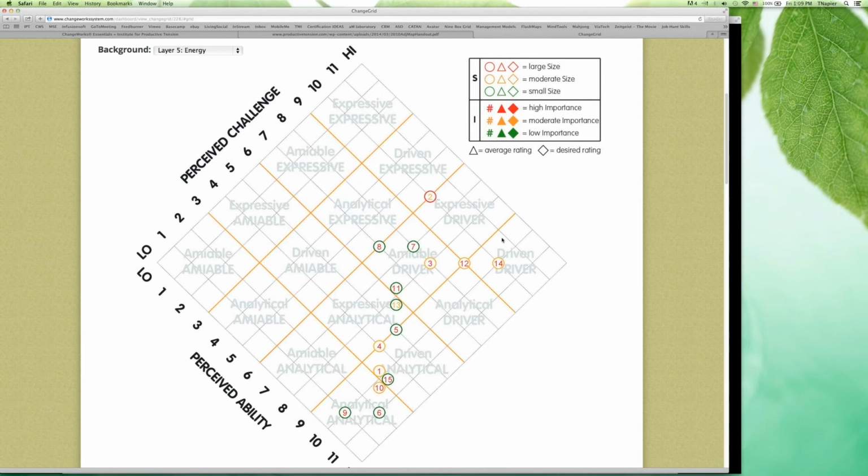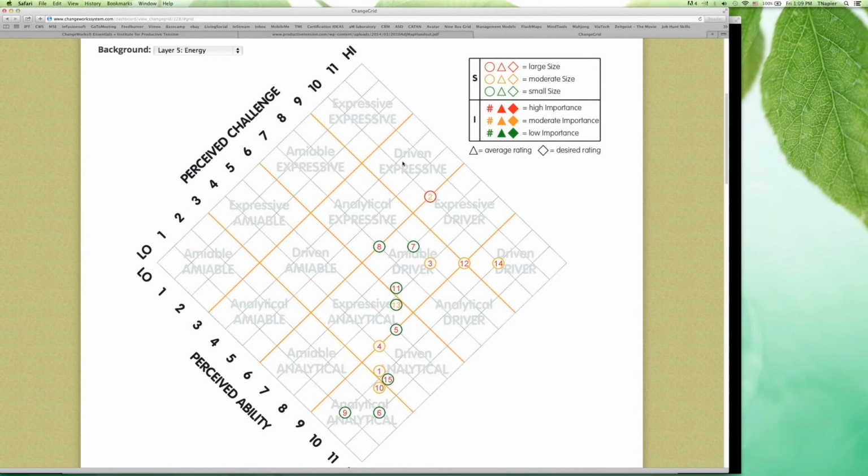So, in what way are they different? Well, the driven expressive perceives themselves as having a lower level of ability than the expressive driver does. In fact, it is probably that greater perception of their ability that's making them move on the energetic continuum more towards the driver energy and letting the expressive energy go into the secondary position.